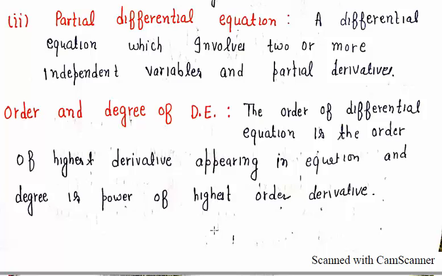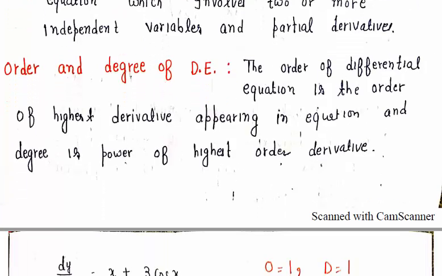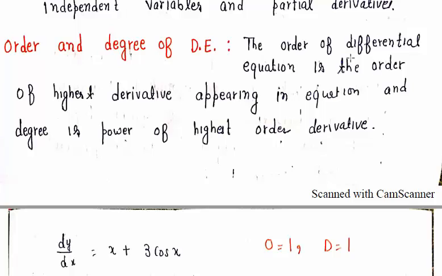So these two concepts are very important, order and degree. Order means the highest order derivative that appears in the equation, and the power of that highest order derivative is known as the degree of that differential equation.